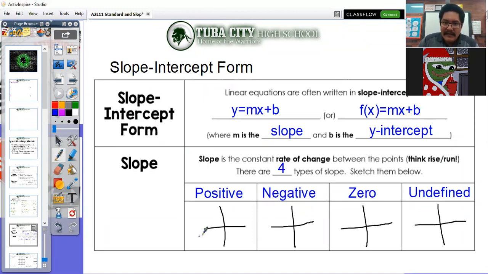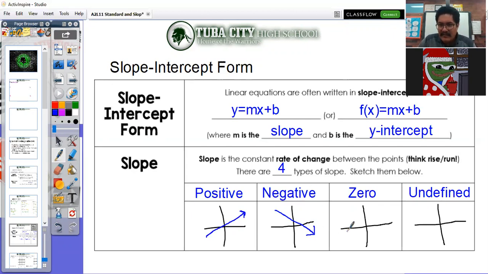So again, moving from left to right, a positive slope means that it goes up. If you imagine a person running along this line, running to the right, they are going to be going upwards. If they are running on this line, they will be going downwards. So again, it always goes left to right, negative or positive.